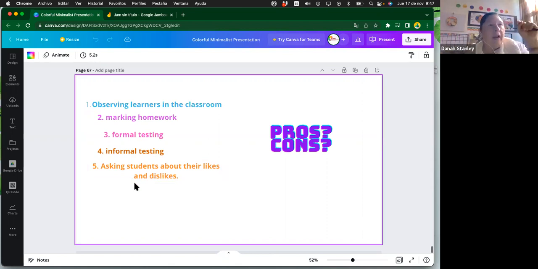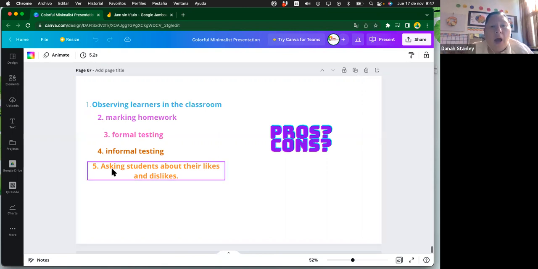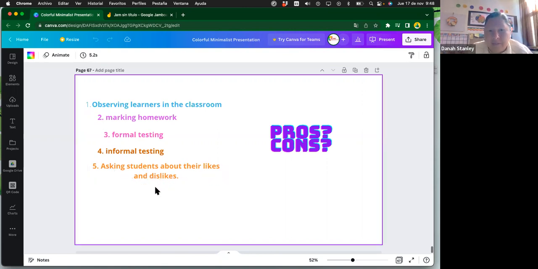If I say, este ya le cachó, híjole, muy bien, and I take it into account. Asking students about their likes and dislikes. These are different activities I can have in my class to assess or to evaluate.